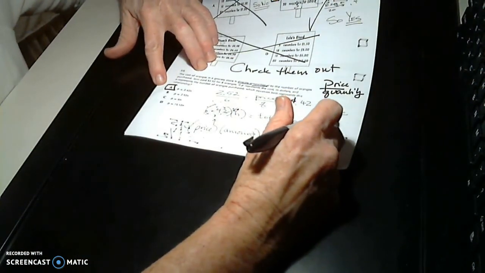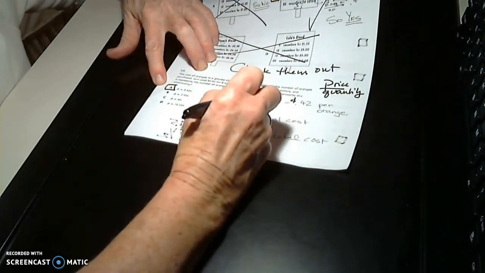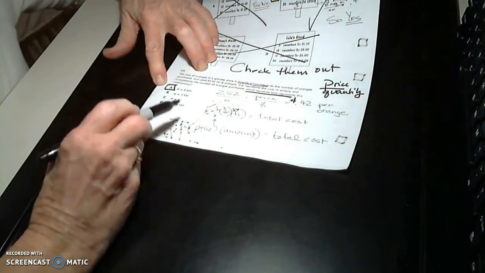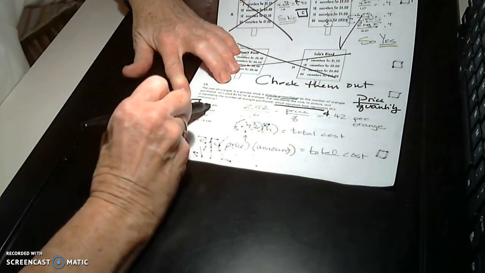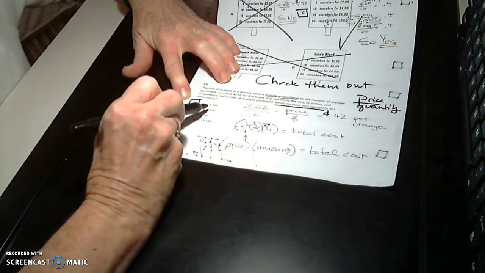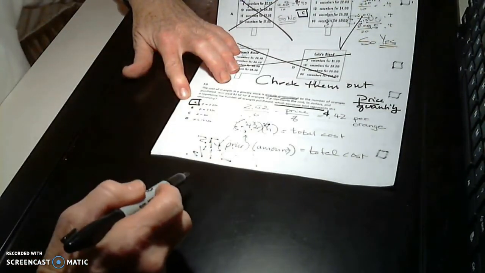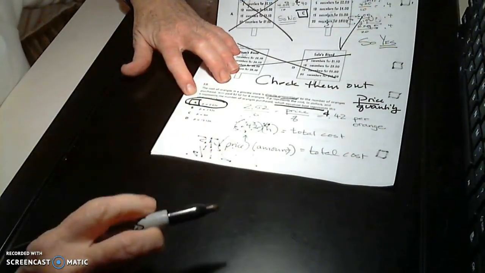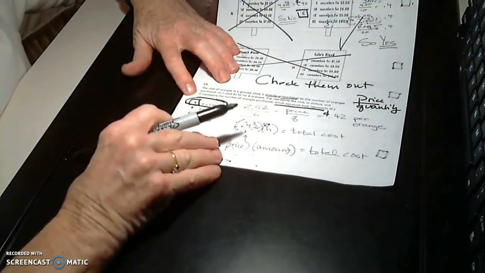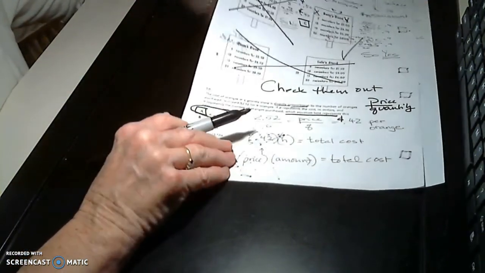And then I look at my answer choices to find which equation represents that relationship. Well, equation number 1, 0.42, that's the cents, times the N, which is the number of oranges, gives me the total price. And my correct answer is A. The other answer choices don't actually make sense, so A is the only possible one.